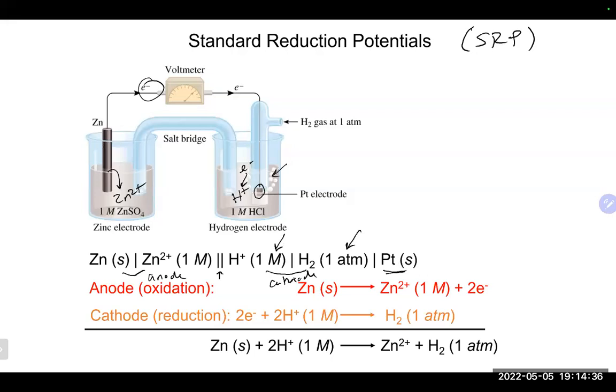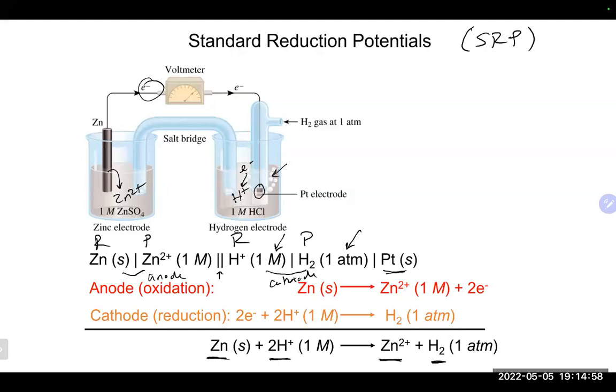The reactant and product still works and comes out the same when we look at the overall reaction. This is our reactant and this is our product, and on the other side of the salt bridge would be our reactant and our product.